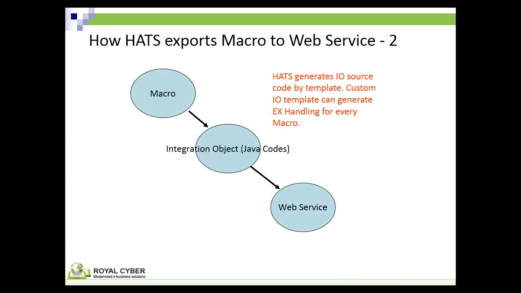You might know, if anybody has already worked on HATS and created an integration object, that integration objects are basically created from a macro with the help of an IO template. So HATS generates the IO source code by template.